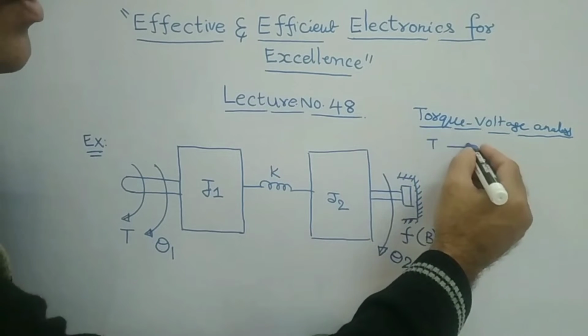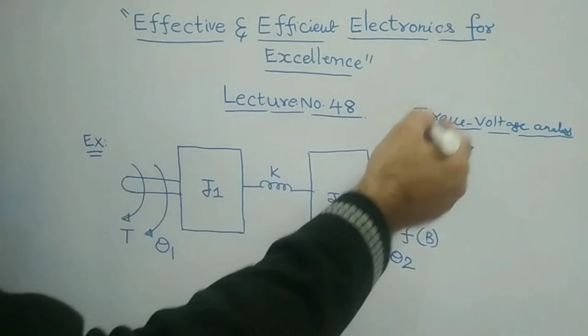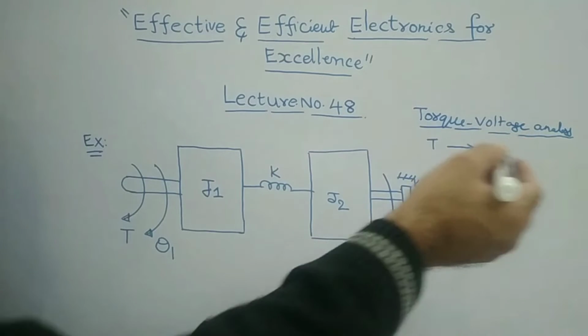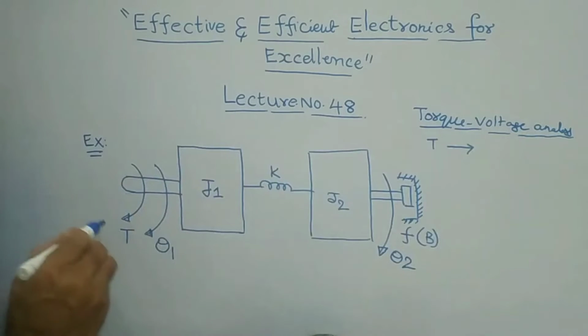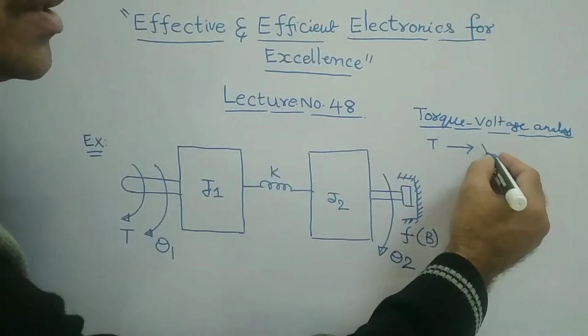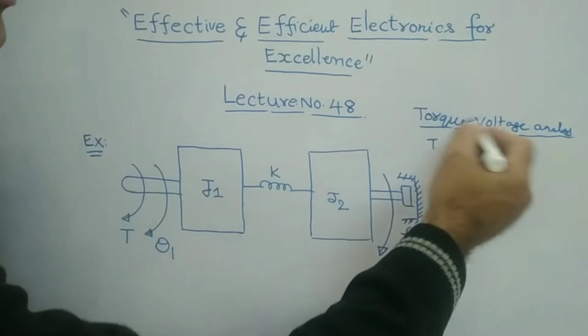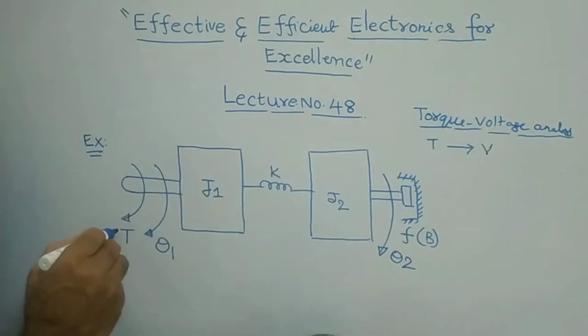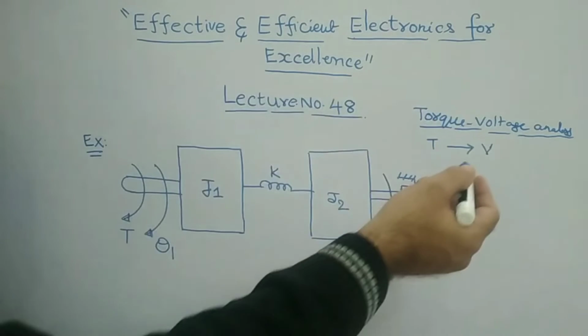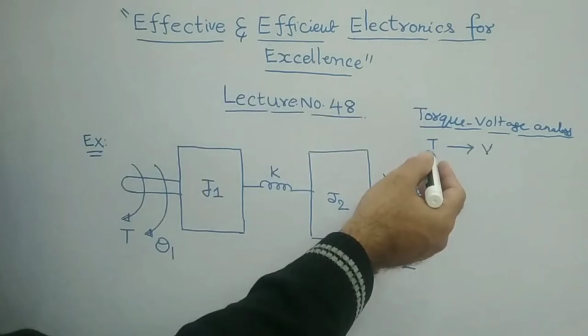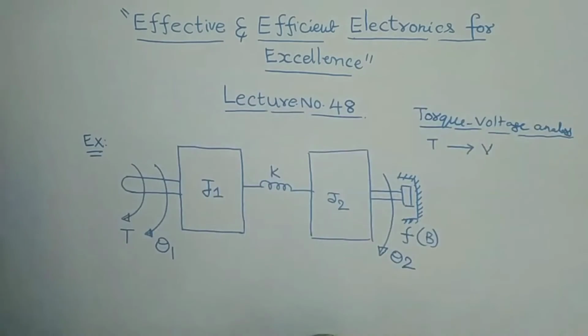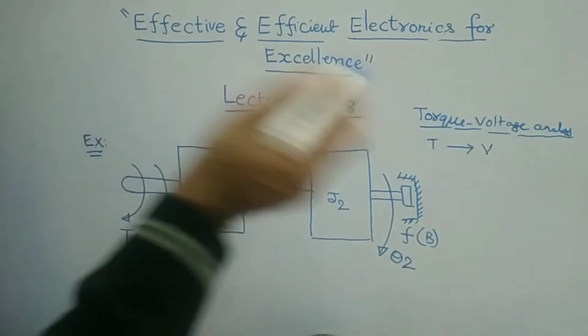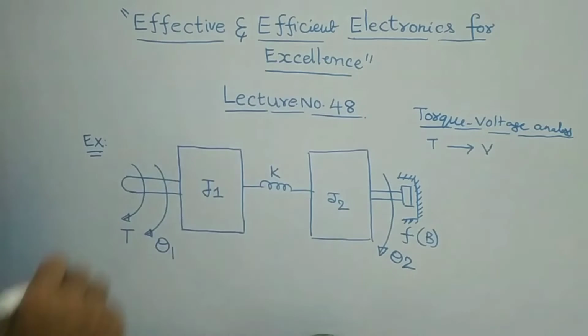In the torque voltage analogy, torque is converted into voltage. This is mechanical in nature and voltage is the electrical part. So T is converted into voltage.